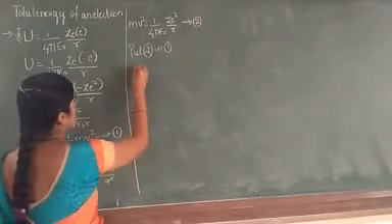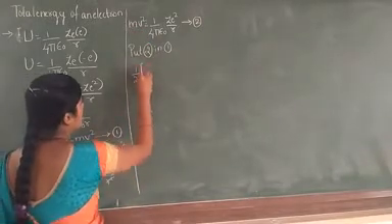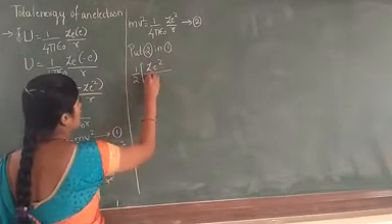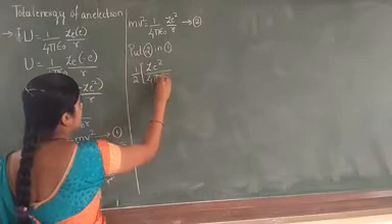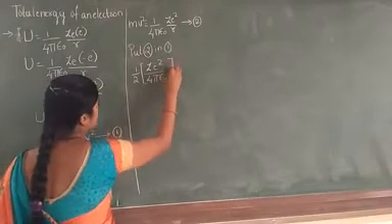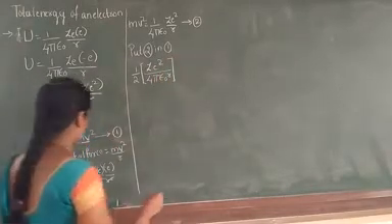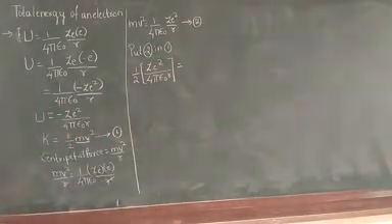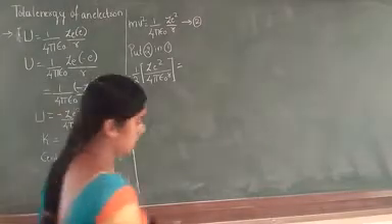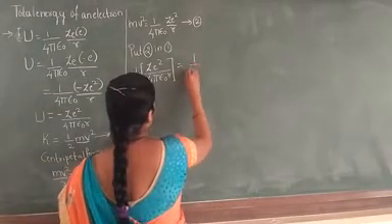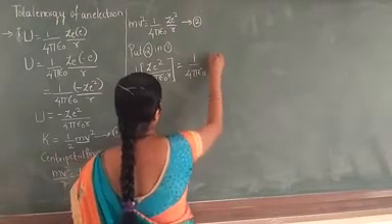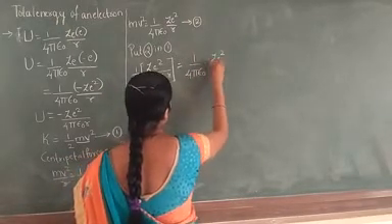Therefore, 1 by 2 mv square means Ze square divided by 4 pi epsilon naught r, which is equal to 1 divided by 4 pi epsilon naught into Ze square divided by 2r.